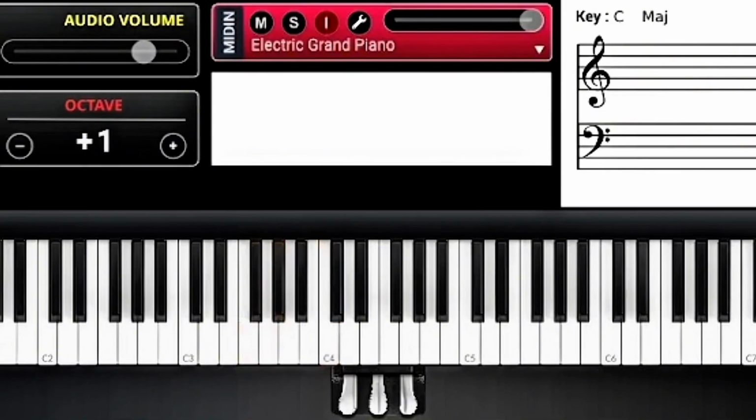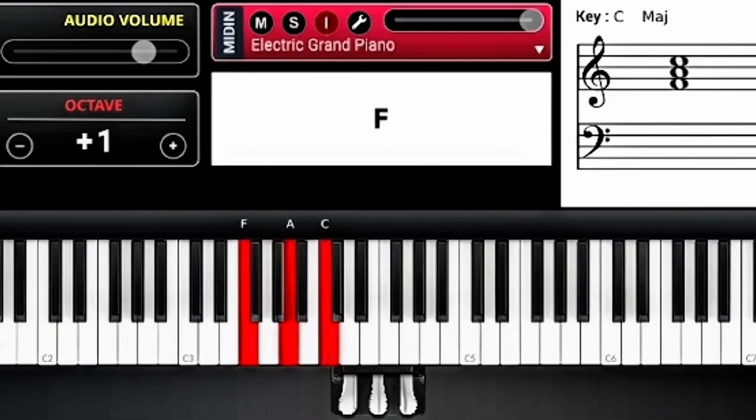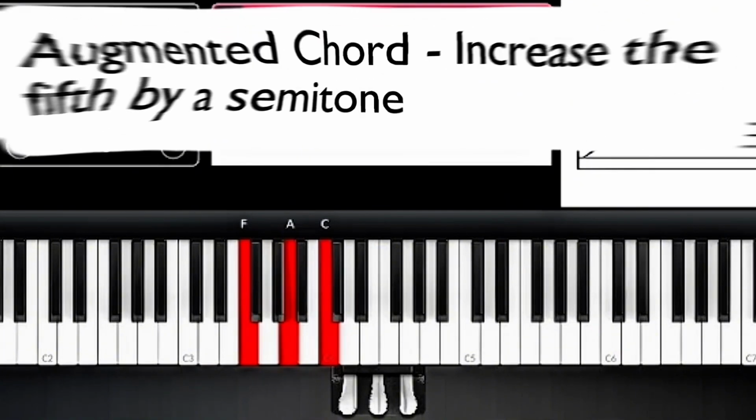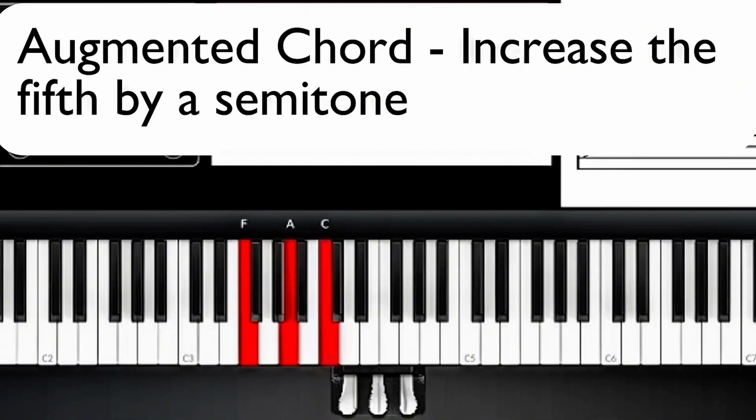Let's go back to the major chord. Remember I said we are deriving the other chords from the major chord. So you need to form the major chord first. To get an augmented chord, you just have to increase the 5th by a semitone. So we are going to move forward.